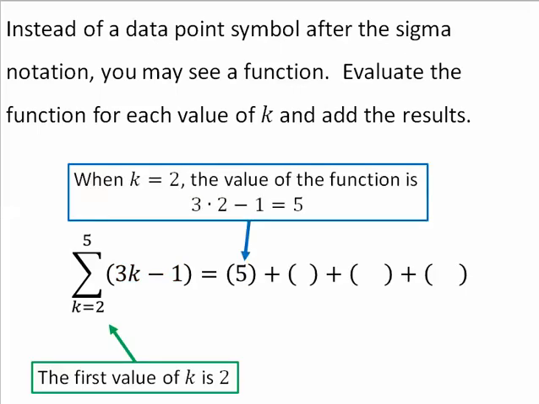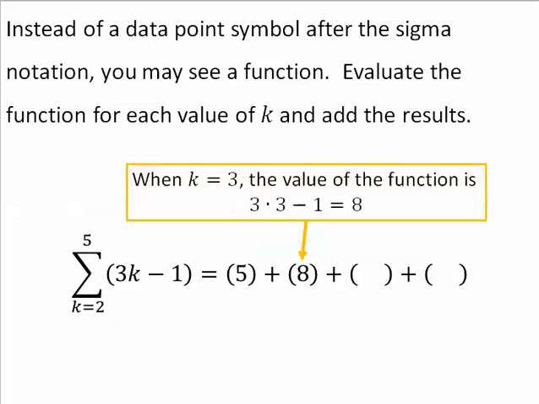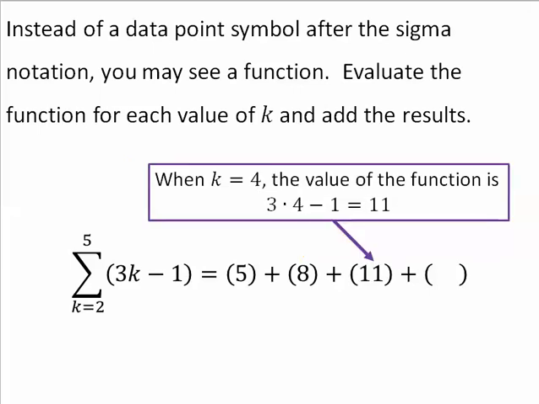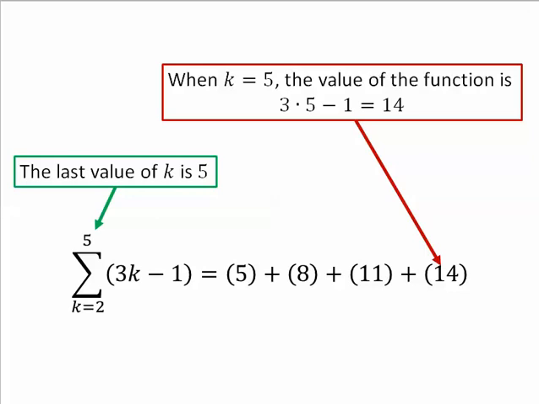When k is equal to 2, the value of the function is 5. When k is 3, the value of the function is 8. When k is 4, the value of the function is 11. And when k equals 5, the value of the function is 14. 5 is the last value of k, so we stop there.